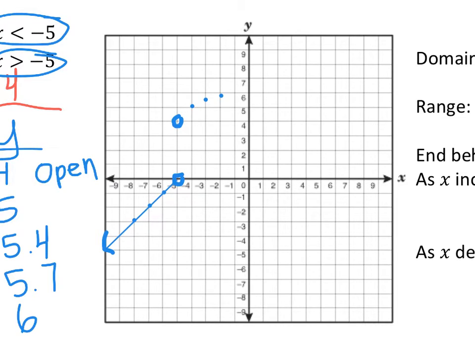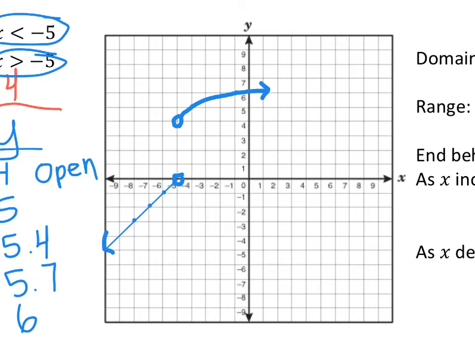It's very hard to graph those decimal points. And then 6. So this is a square root function, so it's a curve that goes something like that. And actually, let me redraw that a little. Okay, there we go. And an arrow over to the right because it's greater than -5.